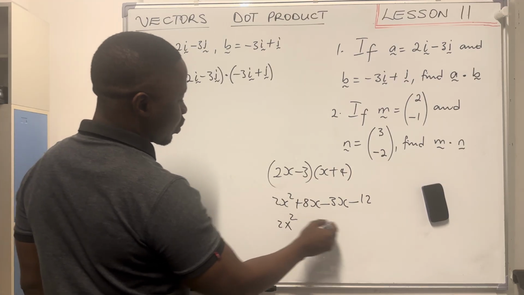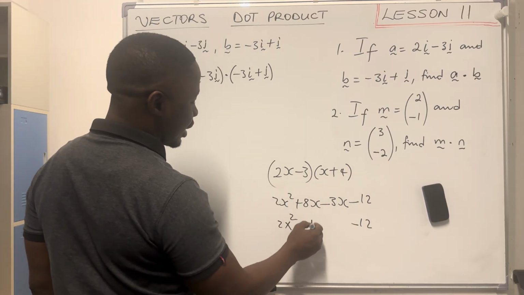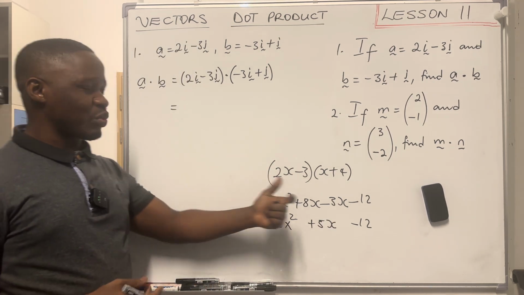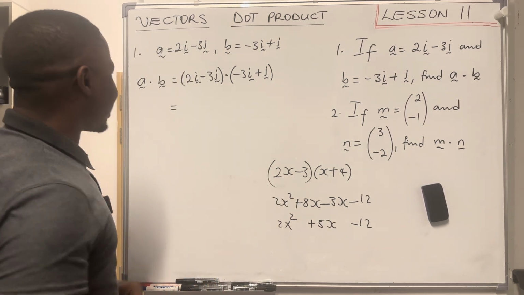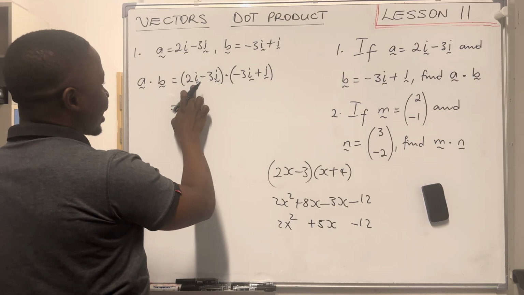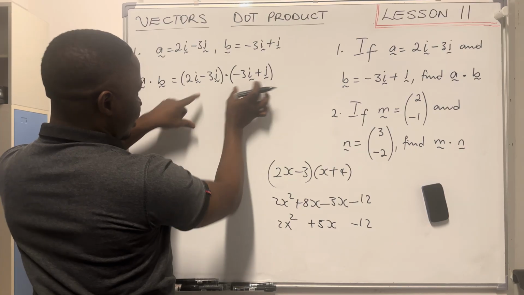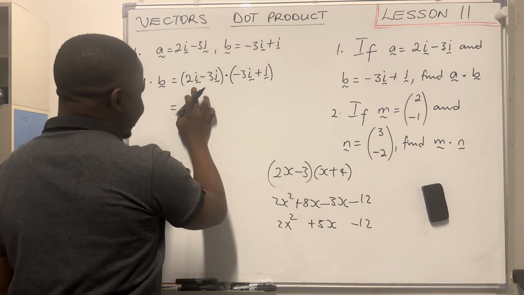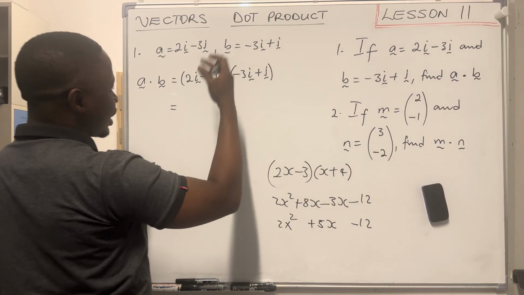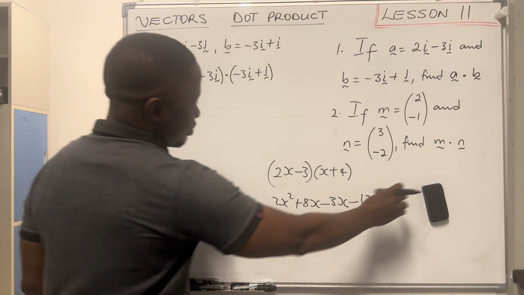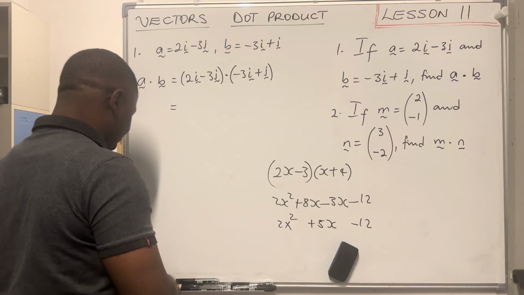So 2x squared minus 12 here, then here is plus 5x. We can also do the same as we usually do here. For example, we can say 2I times this one multiplies everything here. Yes, 2I dot minus 3I.